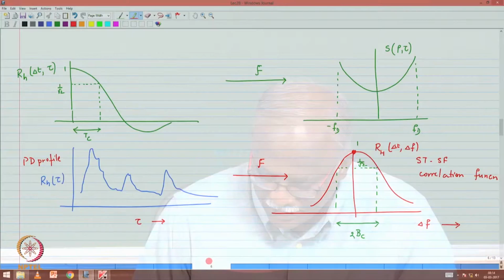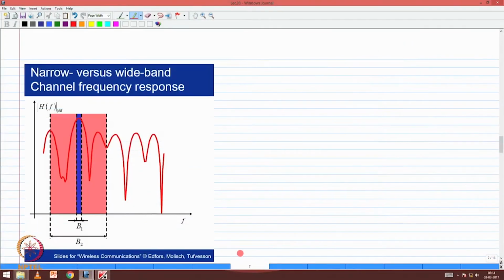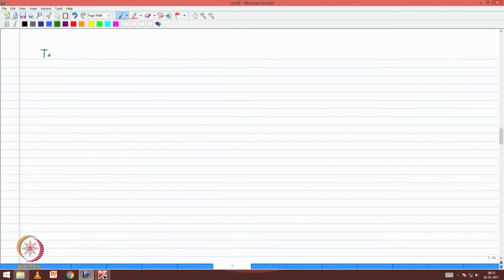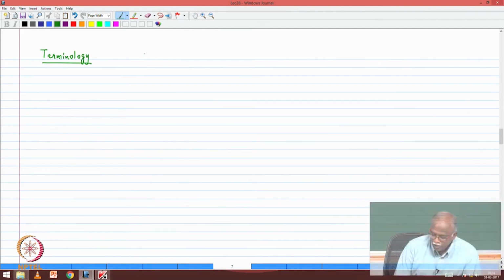Now, I would like to introduce some notation and also help you do a classification of channels. Again, these are probably familiar to you, but it is good for us to keep this picture in our mind when we do the classification. Very often we have used the term flat, frequency flat. What does flat mean?